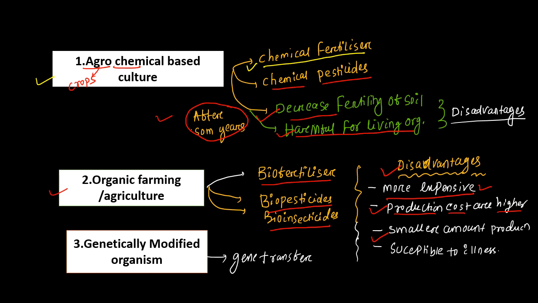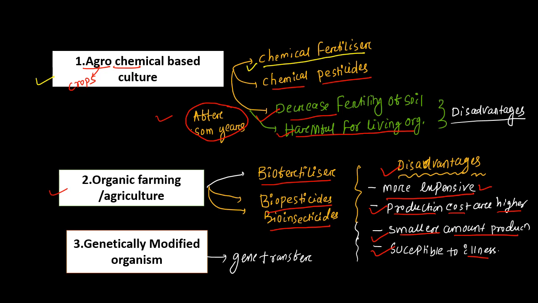Another is smaller production. In agrochemical farming the production level is very high, but here it is lower. And susceptibility to illness: plants easily get ill due to different microbes, but with chemicals they are not easily affected by microbes.